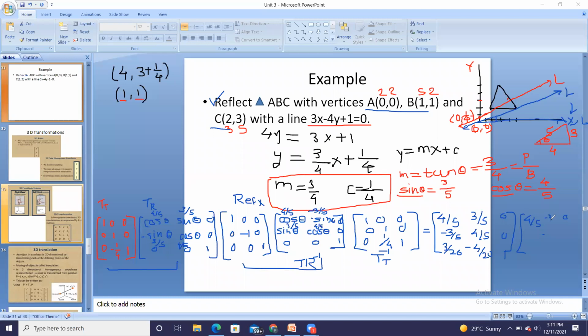Here it is minus 3/5. Then 0. Again, first row, third column is 0. Okay. Second row, first column is minus 3/5. Then second row, second column is minus 4/5 and 0.